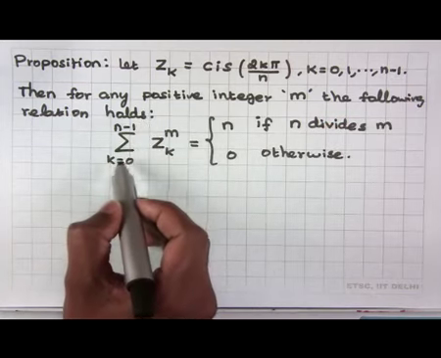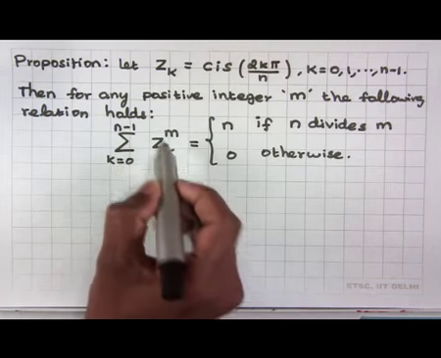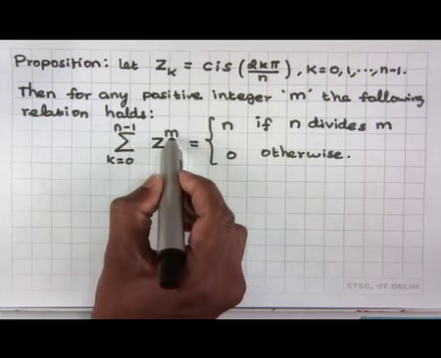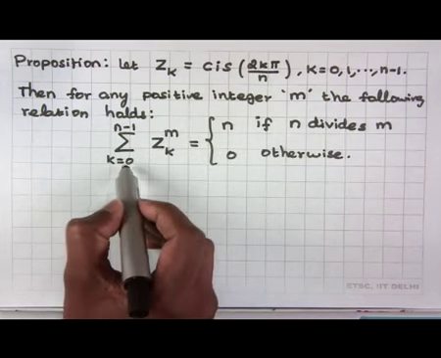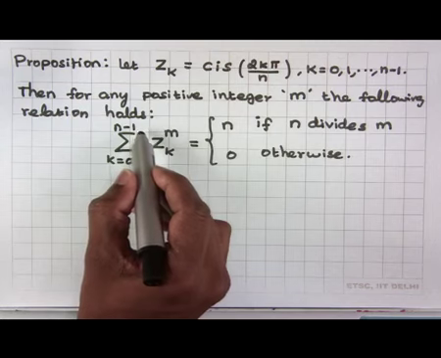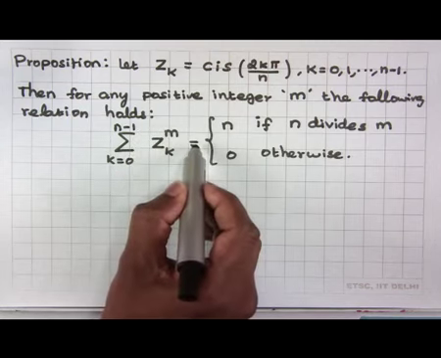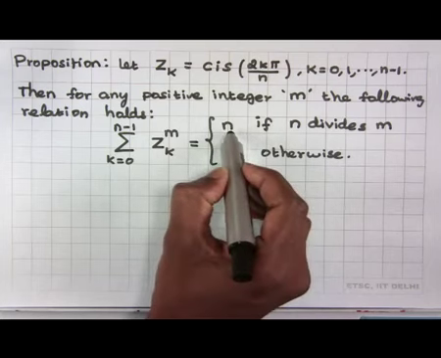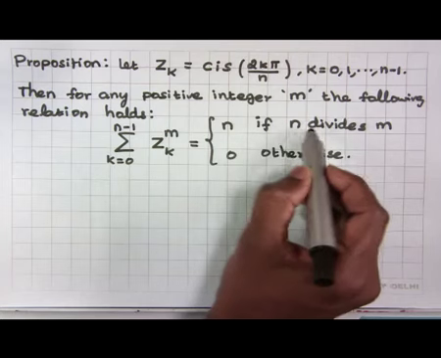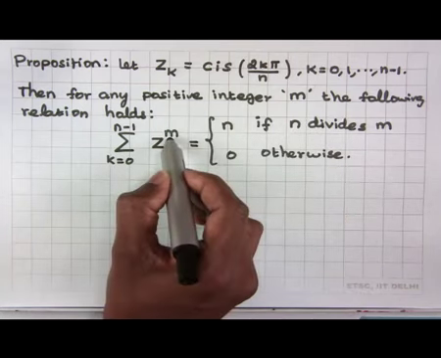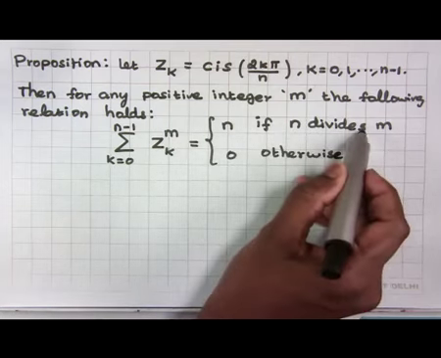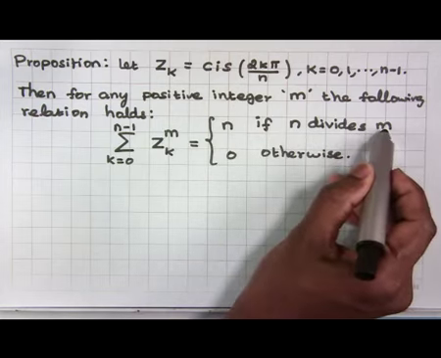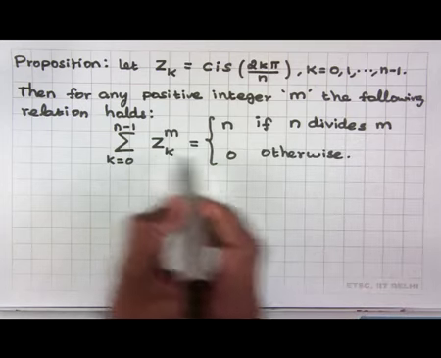Now, consider the sum of the nth roots of unity raised to the power m, summed from 0 to n minus 1, then we get the value as either n or 0. We get n if the power m is a multiple of n, which is the same as saying that n divides m. Otherwise, we get the sum value as 0.